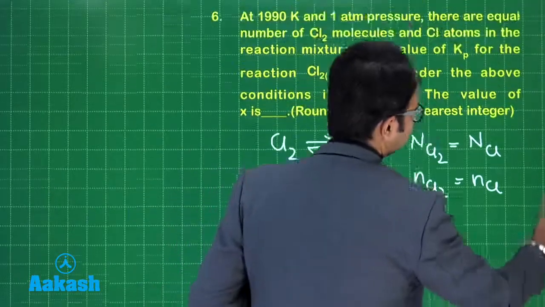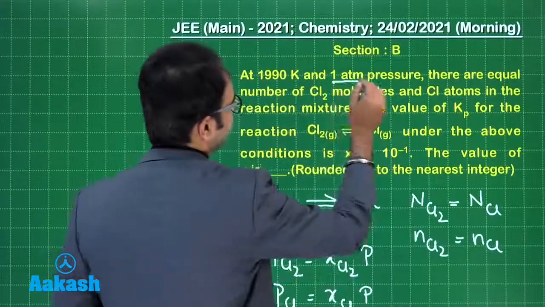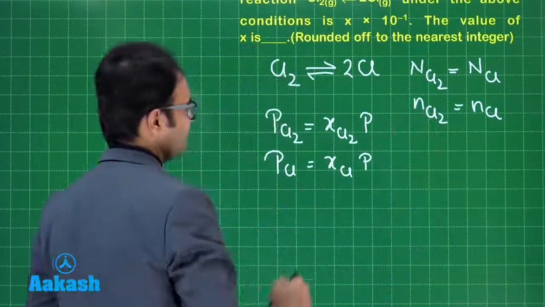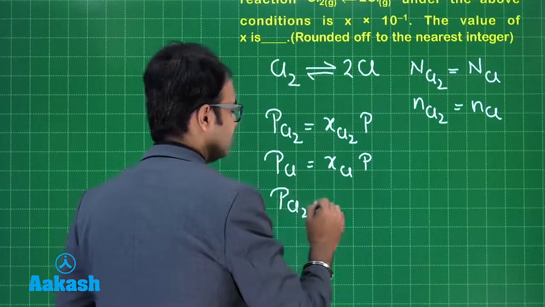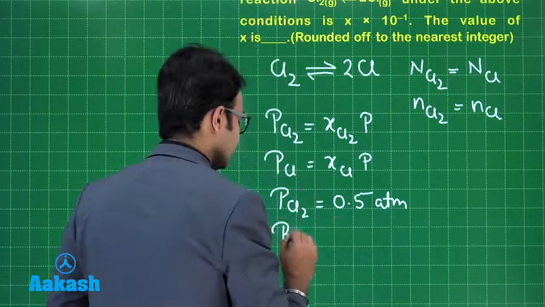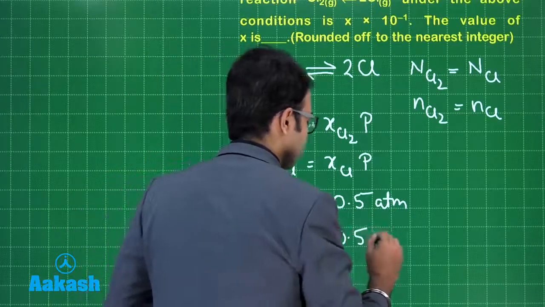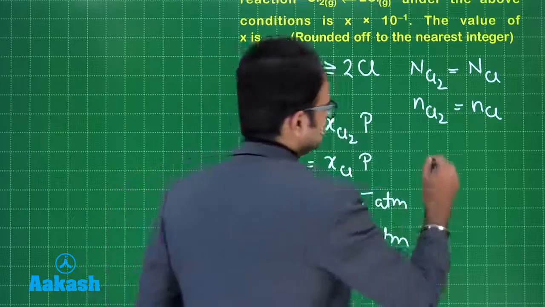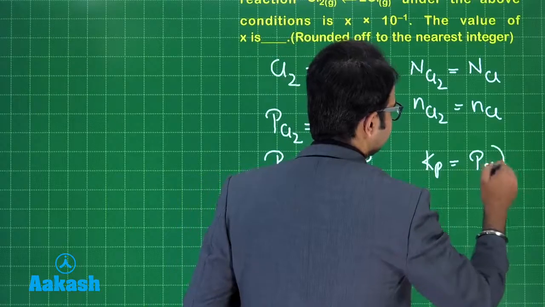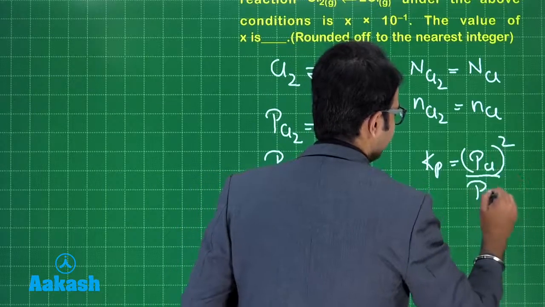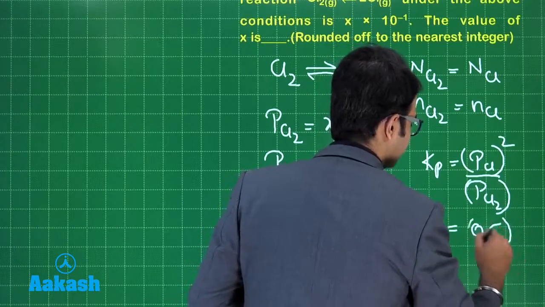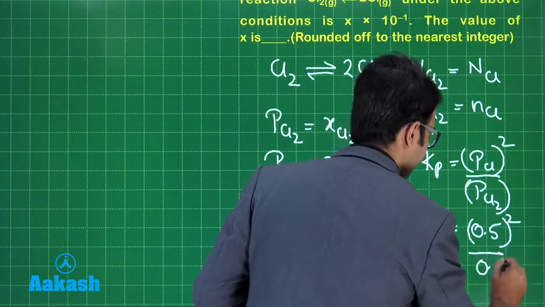Let us check the total pressure. That is 1 atmospheres, right? So we will get the partial pressure, number of moles are same. So partial pressure of Cl2 will be 0.5 atm and that of Cl will also be 0.5 atm. So the value of Kp over here will be partial pressure of Cl square divided by partial pressure of Cl2, that will be 0.5 square divided by 0.5.